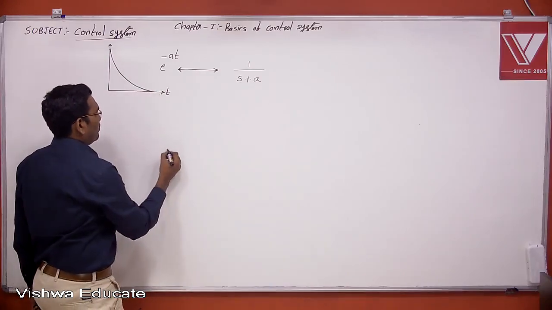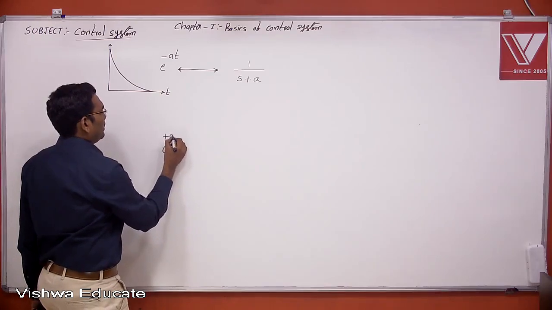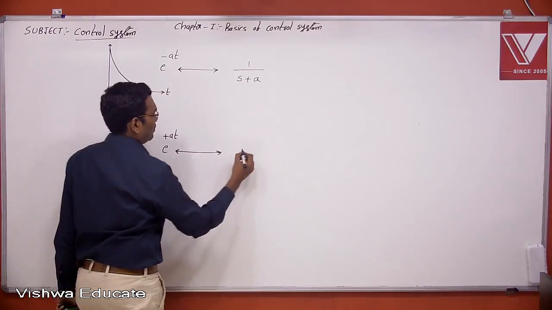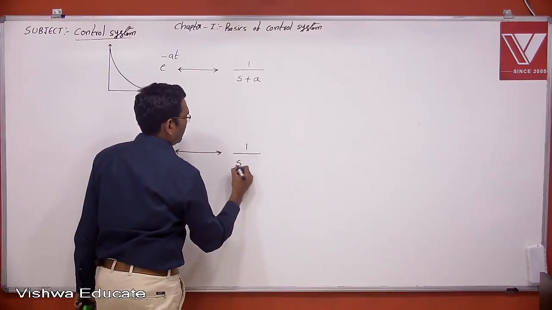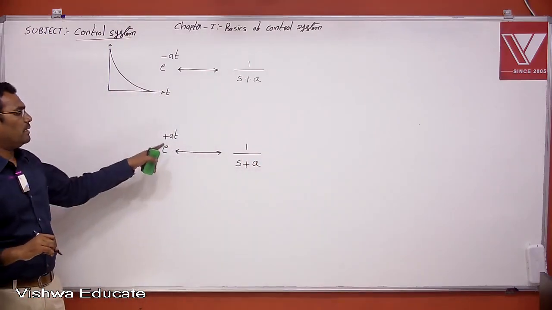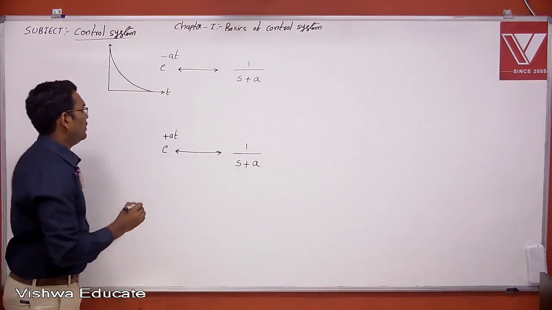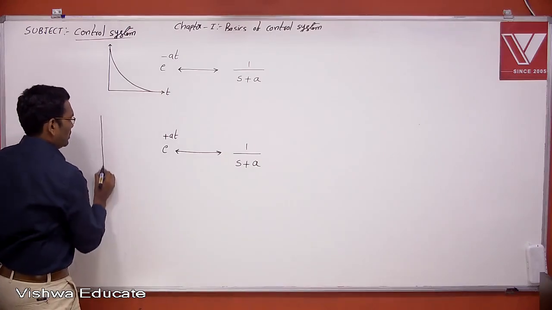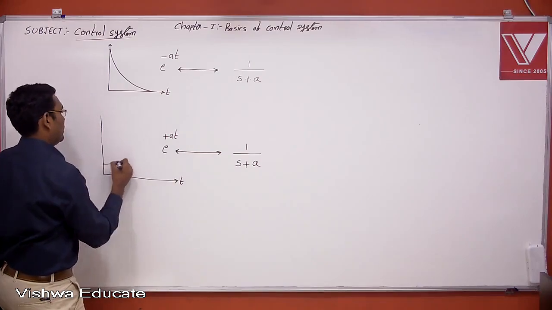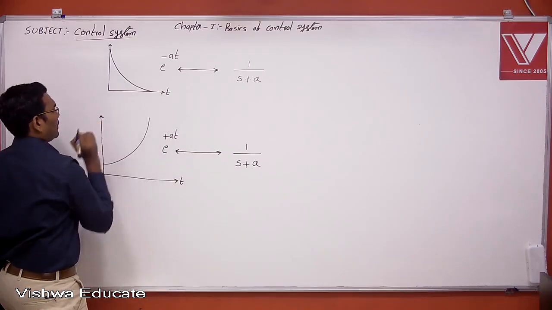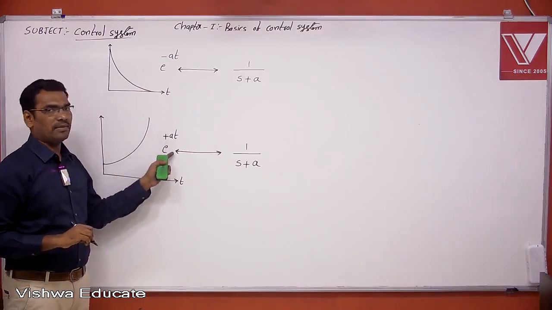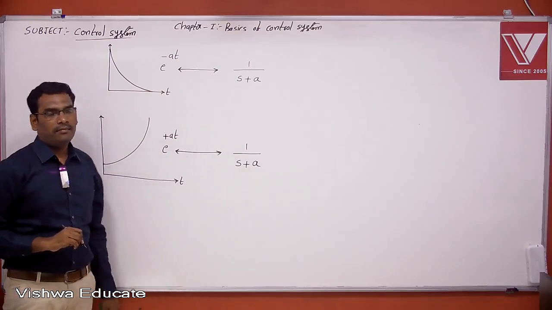Now e power plus at, whose Laplace transformation is 1 by s minus a, is exponentially increasing. One is exponentially decaying and the other exponentially increasing with respect to time, and this is in the frequency domain.